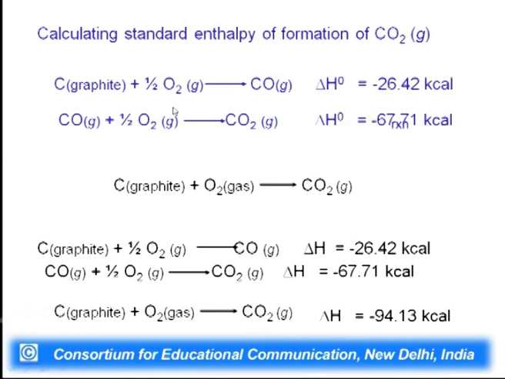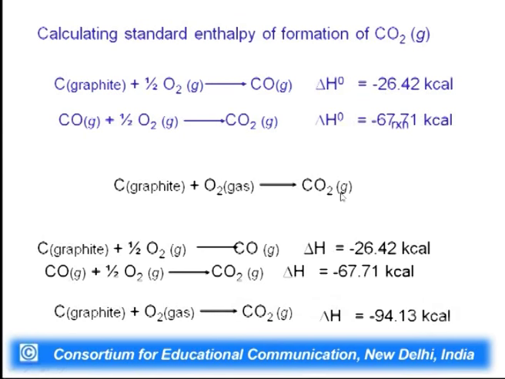So these two equations are given. First there is the formation of carbon monoxide, in the second equation there is the formation of carbon dioxide in gaseous form, and we want to calculate the enthalpy of formation of CO2, which corresponds to this reaction: C graphite plus O2 gas going to CO2 gas.